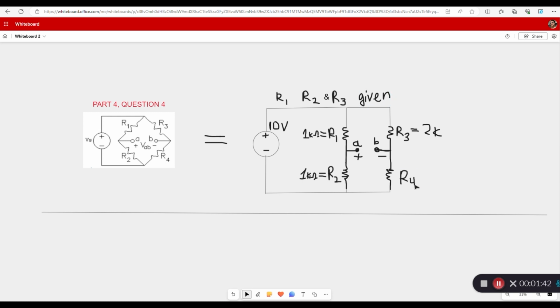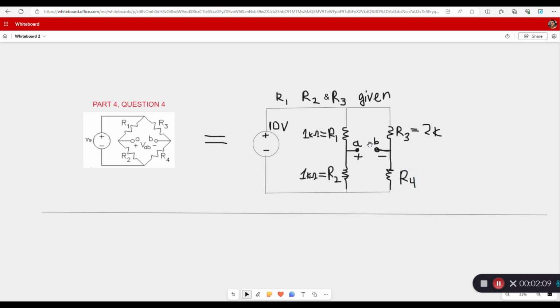We only need to choose two resistor values for R4, and in each selection we need to measure a voltage difference between A and B and record it to calculate those R4 values. That was the task to do.